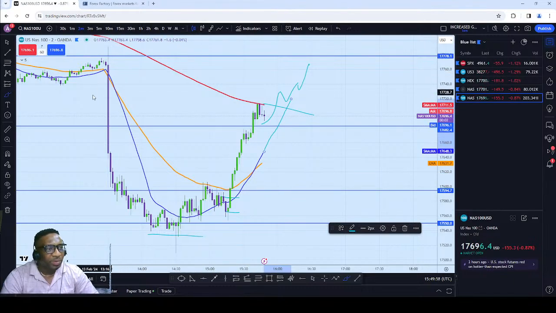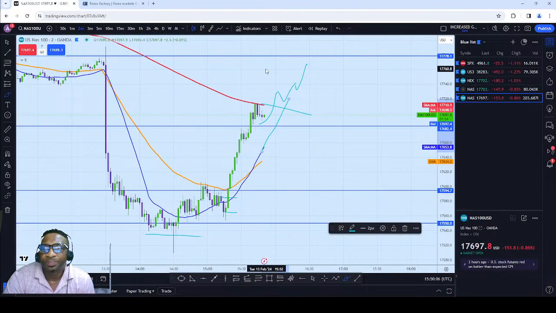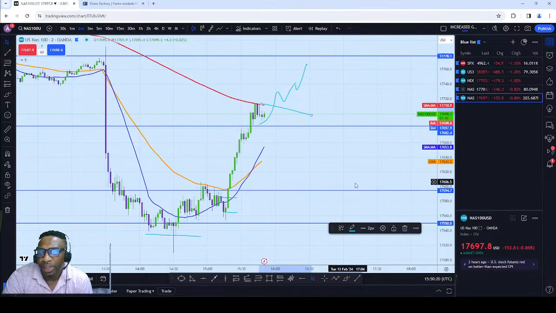Because this was a news item that dropped price here, mostly it does recover when this happens. If I go on the daily time frame, we could see a number of them that happened, and then there was a pullback for price to continue where it was going.